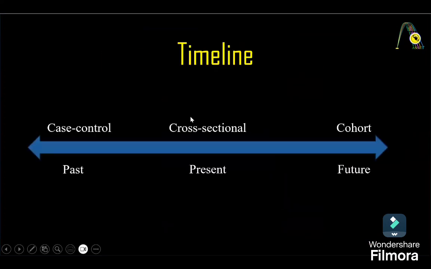Okay. And then for the major types of observational studies, those being case control, cross-sectional, cohort, the way that I had you understand these was that, okay, think of case control studies as sort of the past, okay? So if we're looking at the example of diabetes again here, right? These would be collecting participants that already have diabetes and participants that don't have diabetes and seeing, okay, what led the participants that have diabetes to get it in the first place, right?